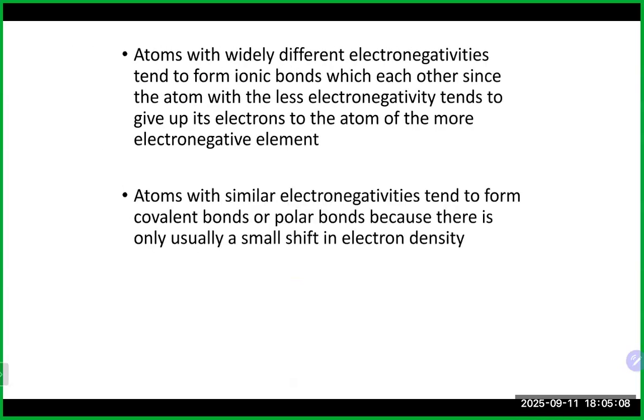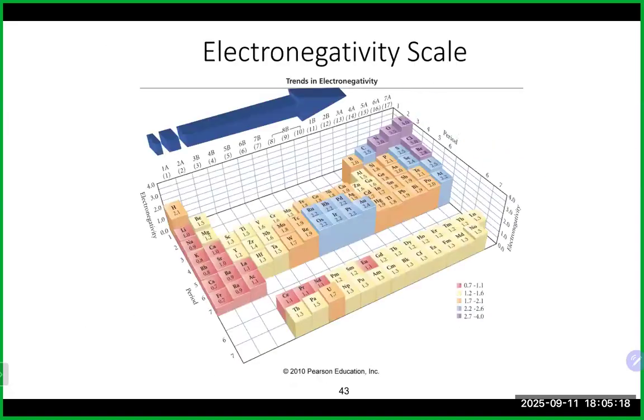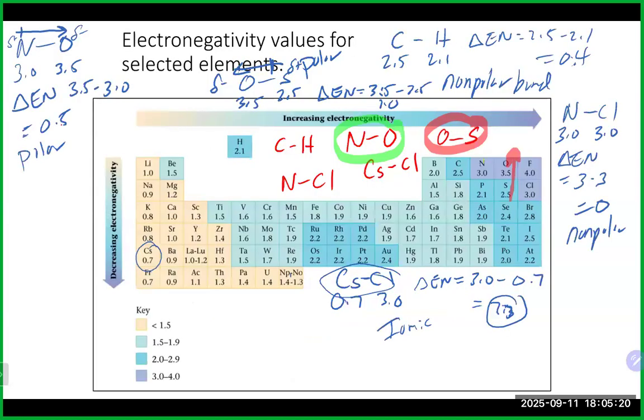So as we saw there, atoms with really widely different electronegativity, especially when we get some of our metals and nonmetals together. And speaking of that, just a reminder that the rule of 2 or more for ionic is a general rule. There are definitely some combinations you could put together that will be less than 2.